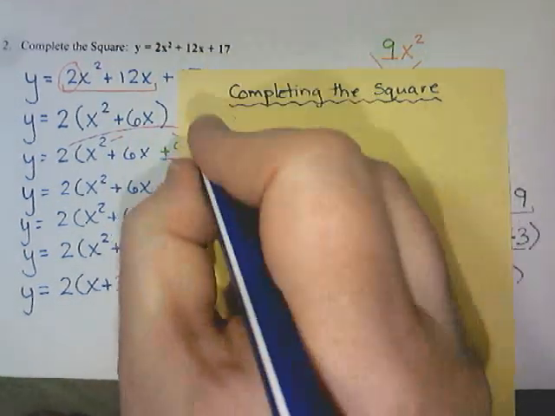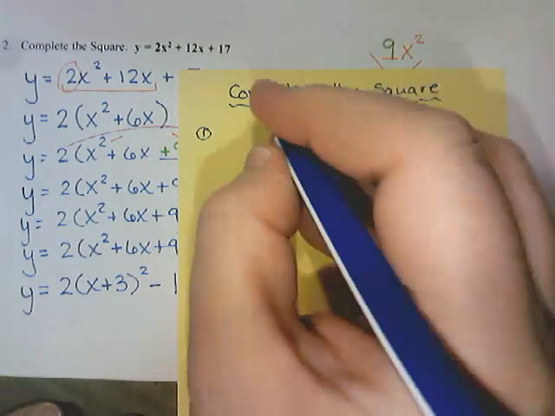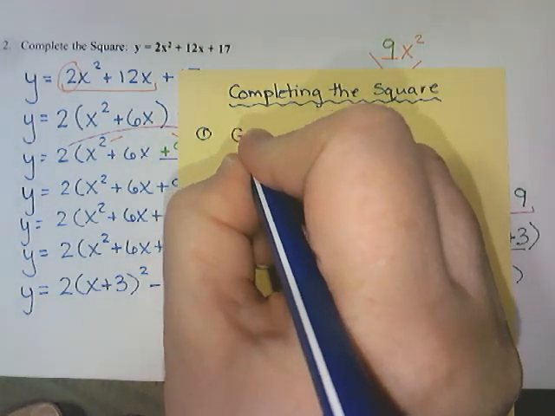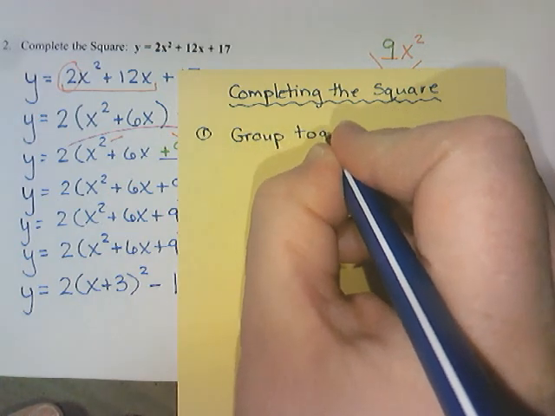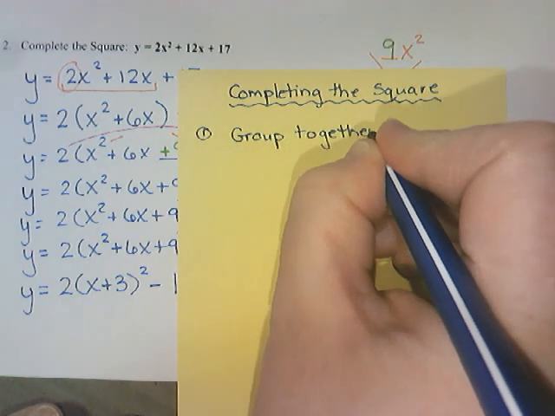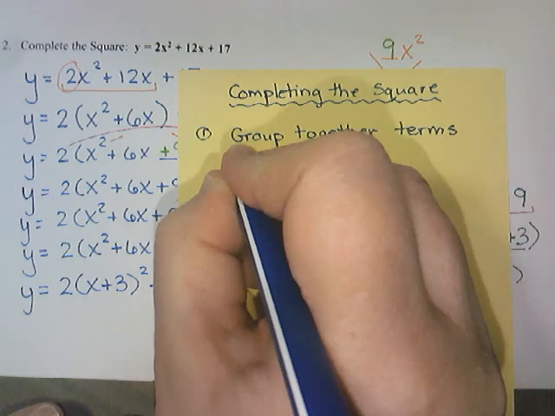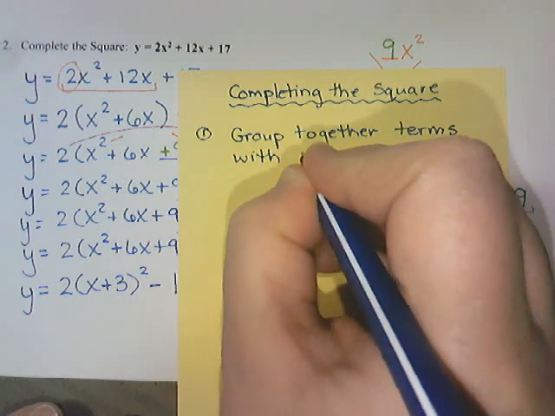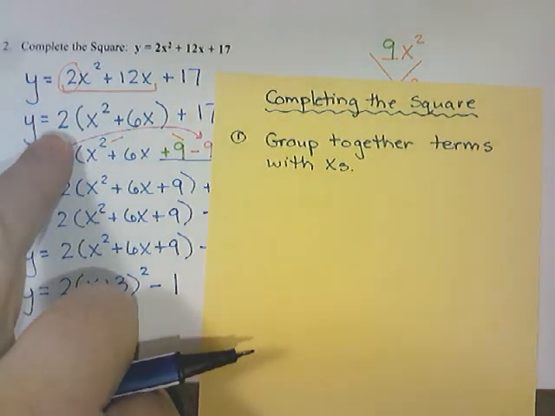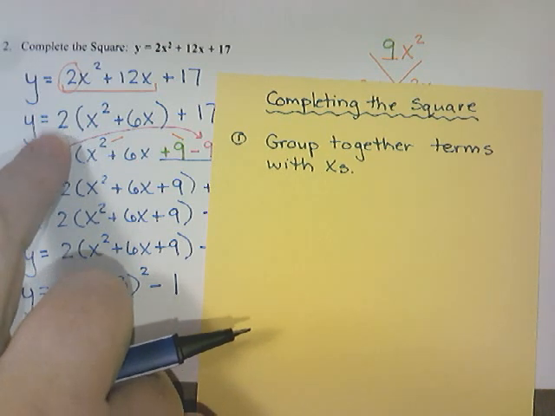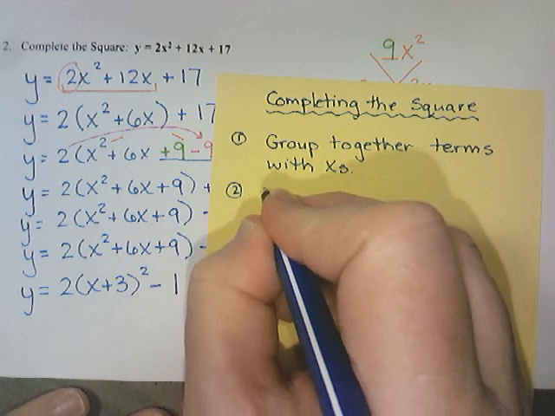And our first step is to group together the terms that have an x. So group together terms with x's. Right? And then we factored out the number in front of x squared. We'll call that number 2.